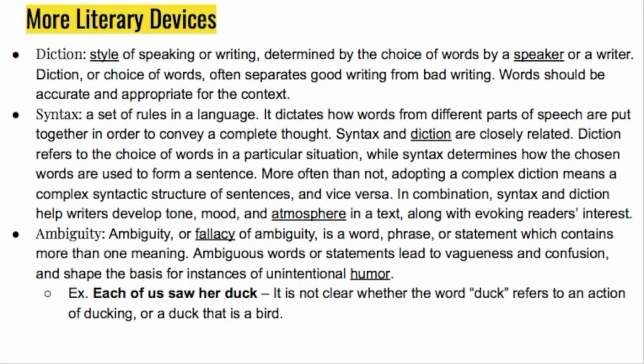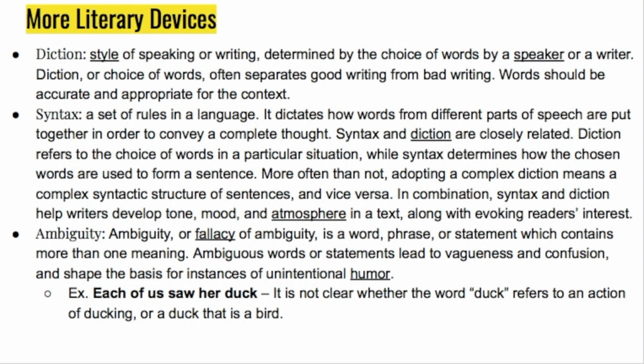Okay, diction is the style of speaking or writing. It's the word choice. Usually good diction is good writing, and poor diction is bad writing. This basically argues that word choice and syntax are very important. Not to confuse diction with syntax.